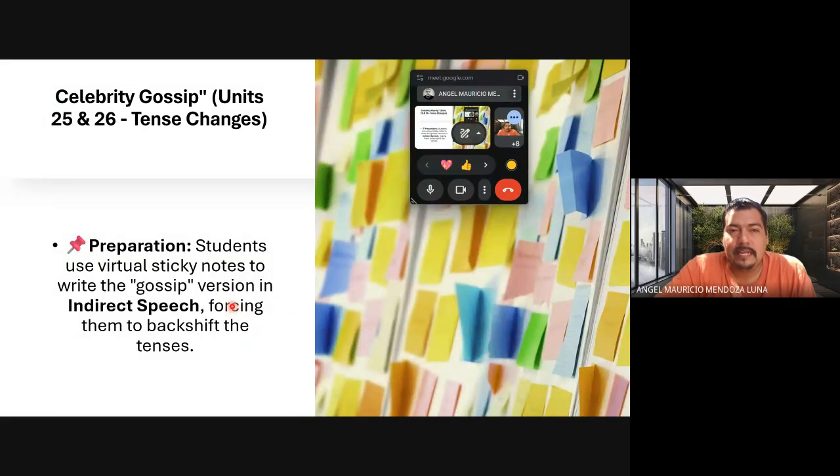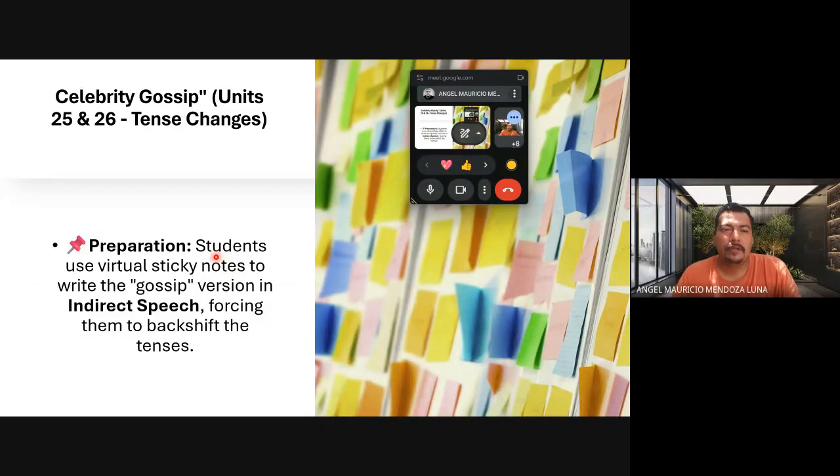Well, today, friends, we're gonna take the first activity. Right after that, we are gonna cover grammar conversation, all related to direct and indirect speech, right? First, we're gonna cover this activity, which is celebrity gossip.